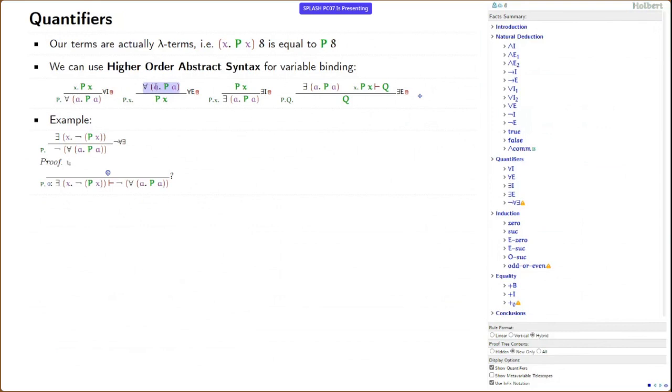So I have here a for all introduction rule that says, if given any arbitrary x, I can prove p applied to x, then for all bound variable a, p is true for a. This takes the role of substitution that you would normally do in your pen and paper rules. We might write some substitution for variables. Instead, we now apply these functions, and the beta reduction gives us our substitution.